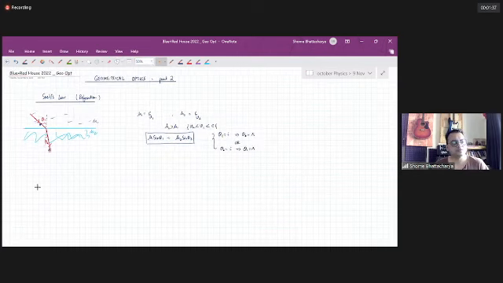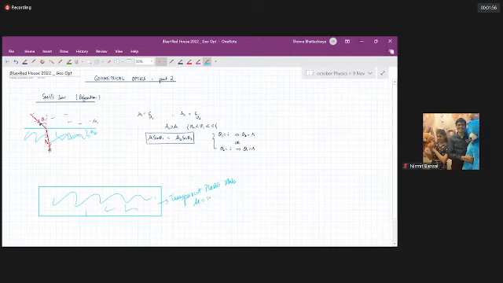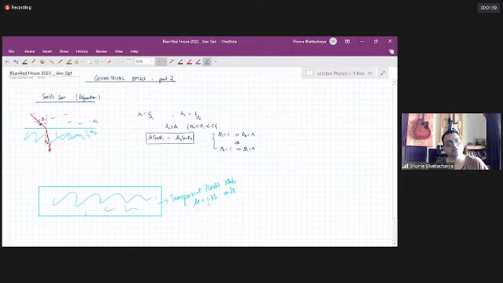So we have, let's say, a transparent plastic slab. The refractive index of plastic is, suppose, 1.73 or about root 3.